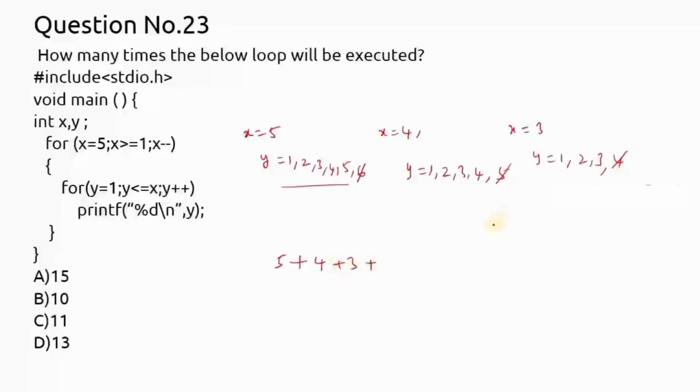Next when x equals 2, y equals 1, 2, that is 2 times. When x equals 1, 1 is greater than or equals to 1, of course true here. y equals 1, 1 is less than or equals to 1, yes, true. So 1 time it will execute. When it comes to 2, the condition will be false. Now x value will become 0, 0 greater than 1, this is false. So totally how many times is the loop executing? 15 times. The answer is A.